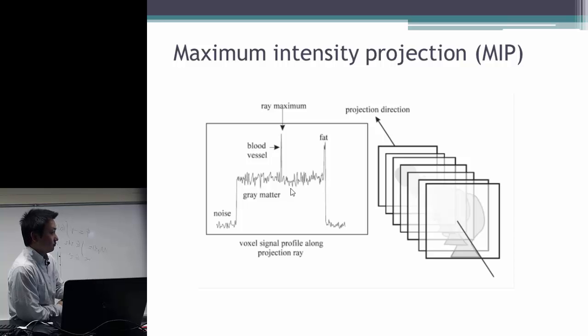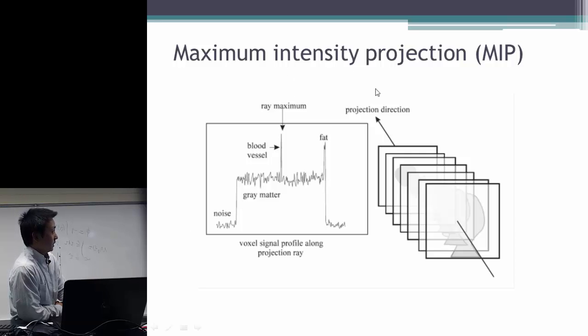Because the vessels are tortuous, different segments of the vessels may appear at different slices, so it's very difficult to track or evaluate the vessels just by viewing the image slice by slice.